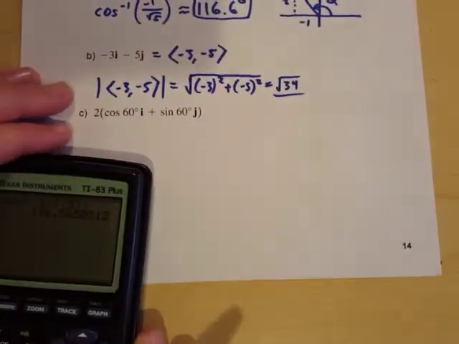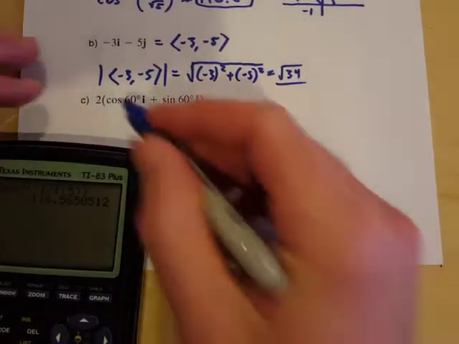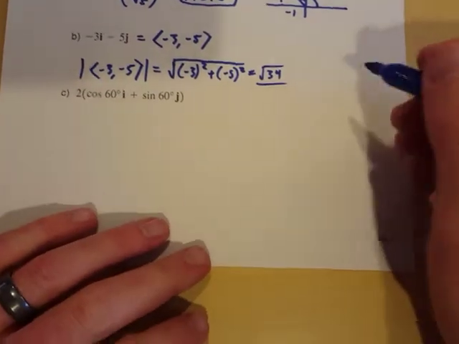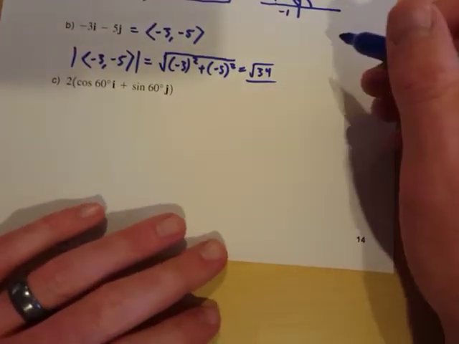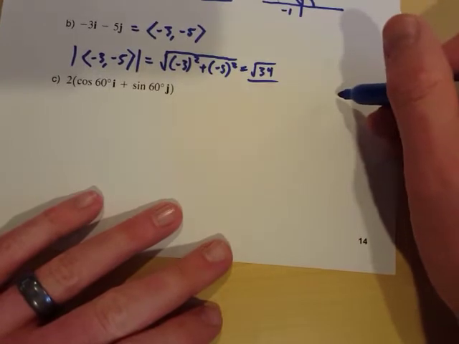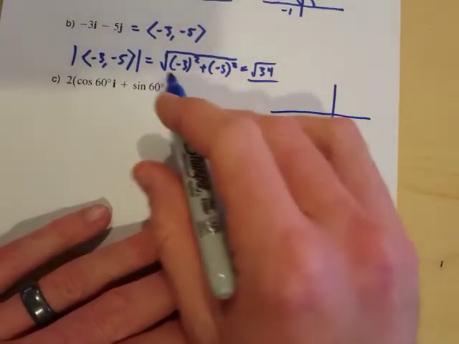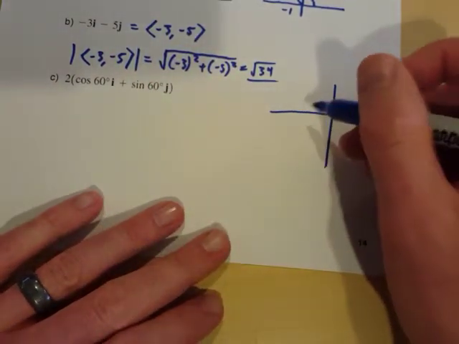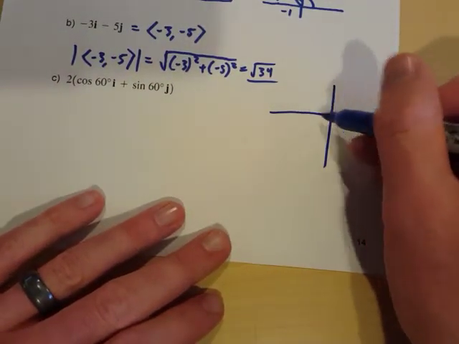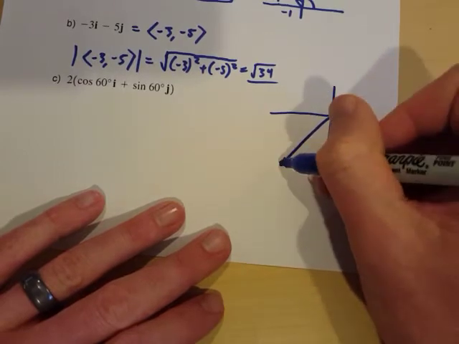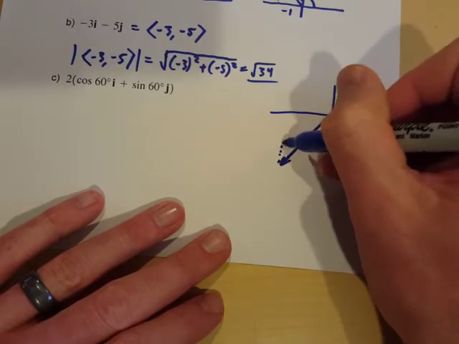So there's our magnitude. The next thing that we're going to do is find the direction angle. Looks like I'm going to need a little bit of space down here, so we'll hope that this one doesn't get quite as crazy. We're going to find the direction angle, and like before, I think it's a good idea to draw a picture of this. And in this picture, we've got -3, -5, so that's actually going to put it in the third quadrant. And some of you might already be thinking that there's a problem with that.